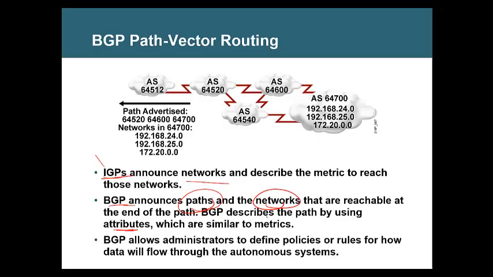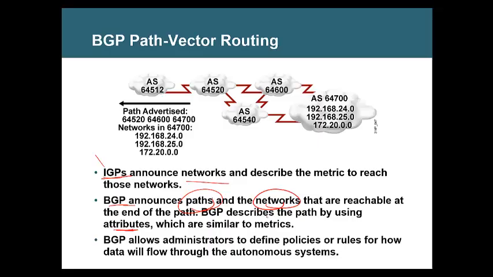So now, last point you see. BGP allows the administrator to define policies. The reason why BGP is best between autonomous systems is that it allows you to tell what you expect while deciding the path.